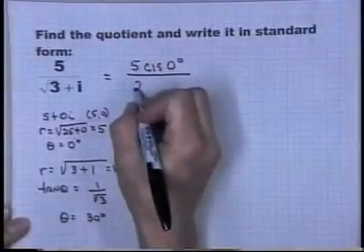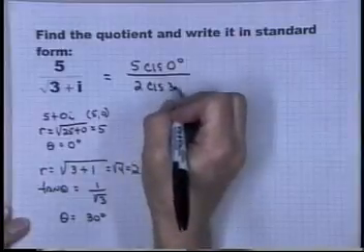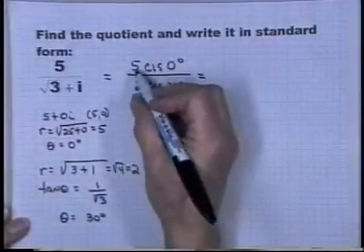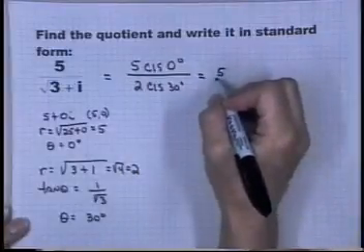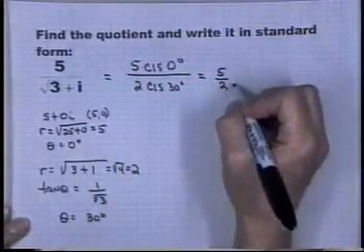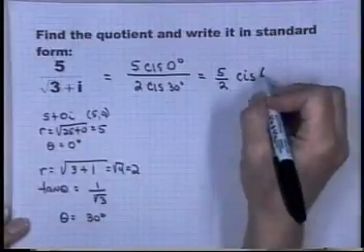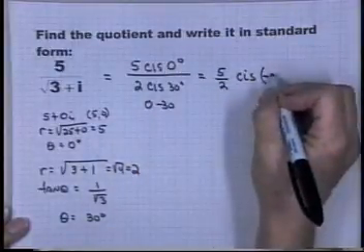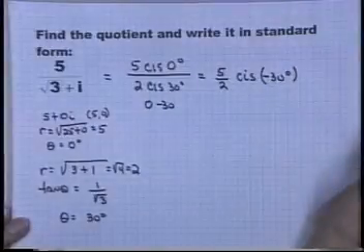So I have 2 CIS 30 degrees. Okay? 5 divided by 2, that's not going to be exact, so I'm going to leave that 5 halves. CIS, 0 subtract 30 gives me negative 30 degrees.